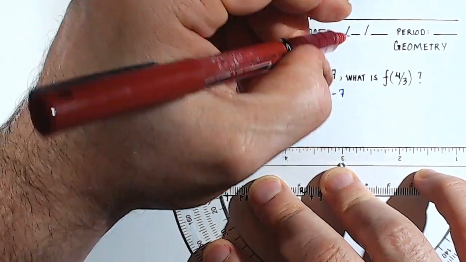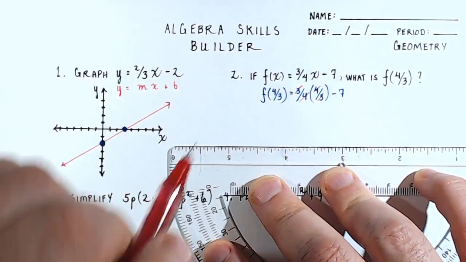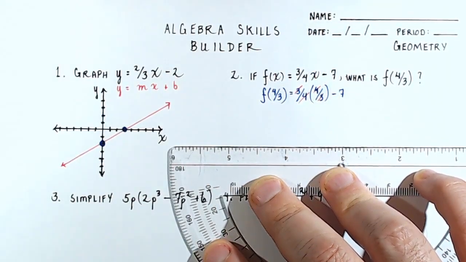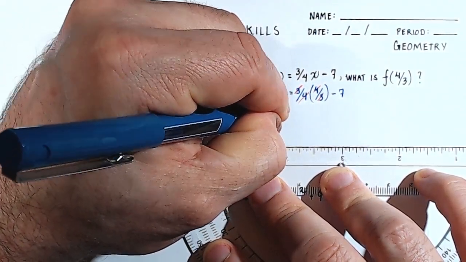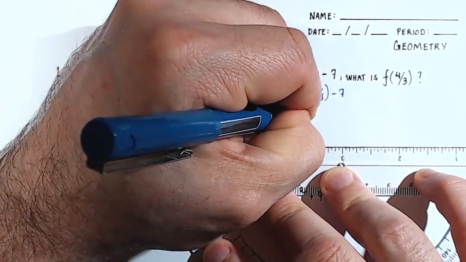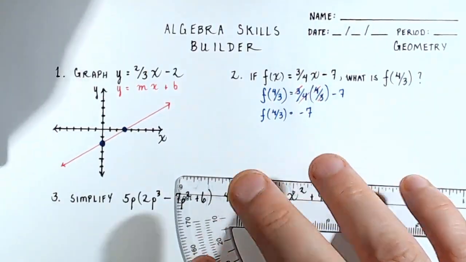This one works out quite nicely because we can cancel the 3's and the 4's, and so we're left with f of 4/3 equals -7. And that's number 2.